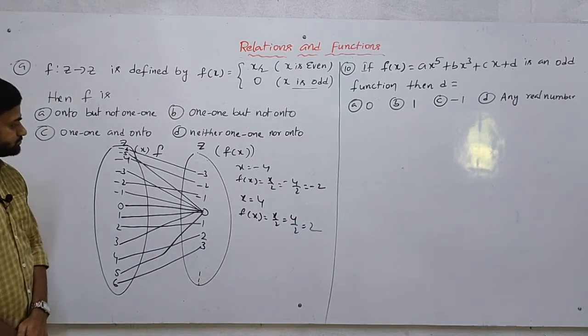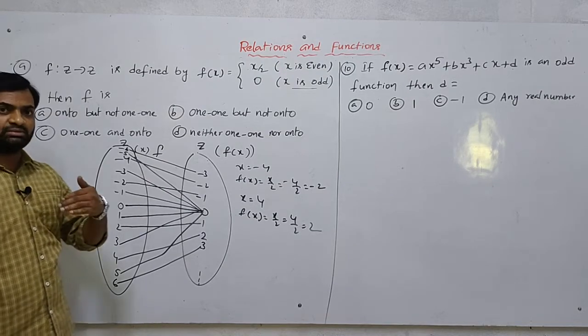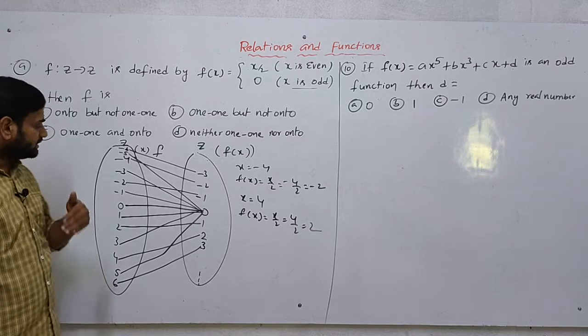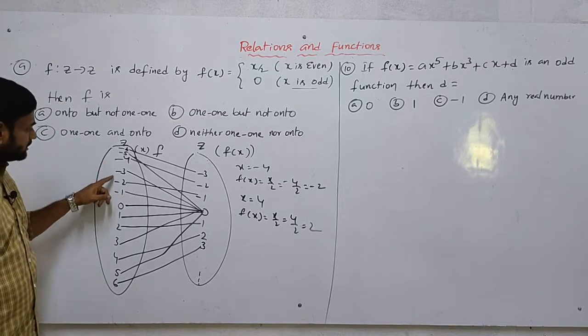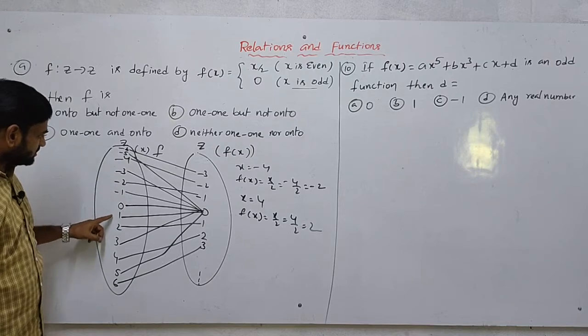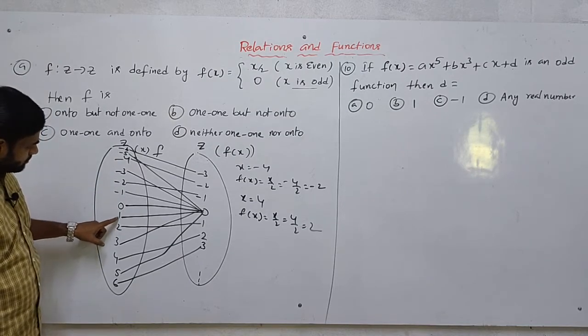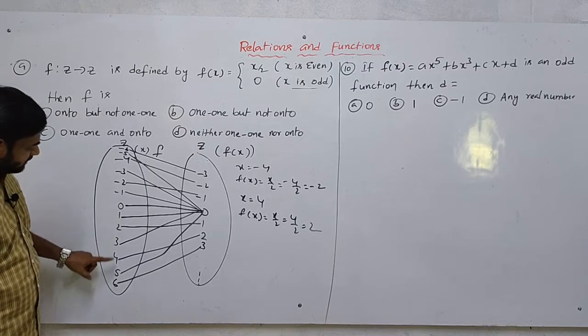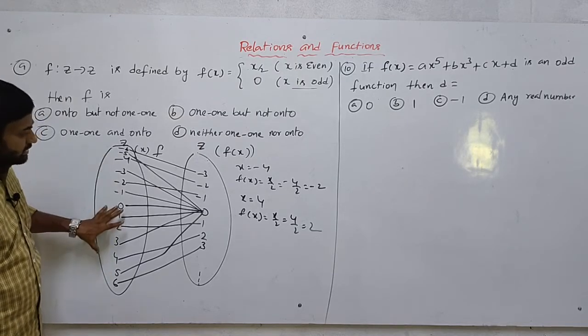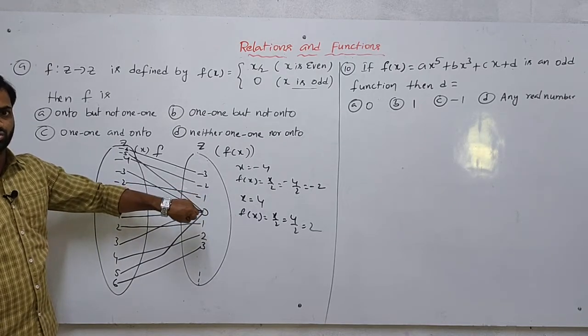Now see here. It is one-one? One-one means different elements should have different images. But here all the odd numbers, see here, -5, -3, -1, 0 also, and 1, 3, 5, have the same image 0.